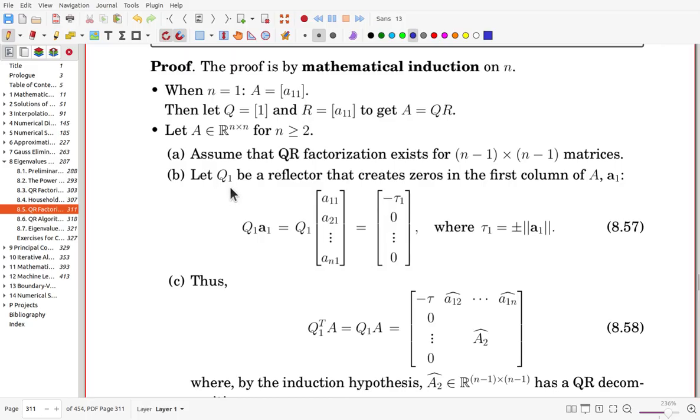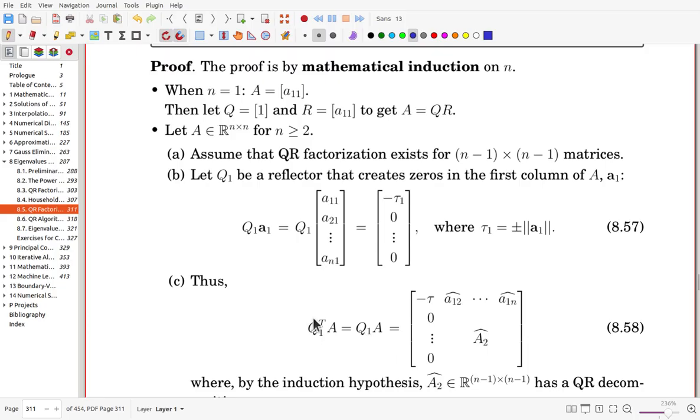We start with Q1, a reflector for the first column of A, A1, so that Q1 A1 is now minus tau 1 and zeros all the way down. Of course, tau 1 must be plus or minus the length of A1. We considered such a reflector in the last section, so we always have such a reflector.